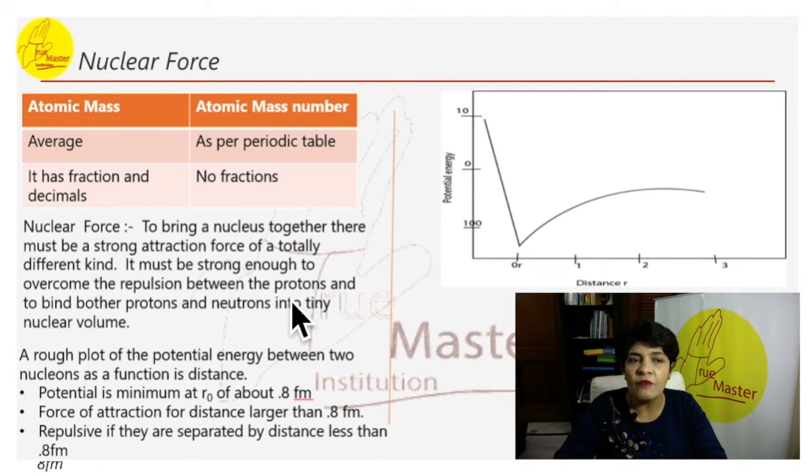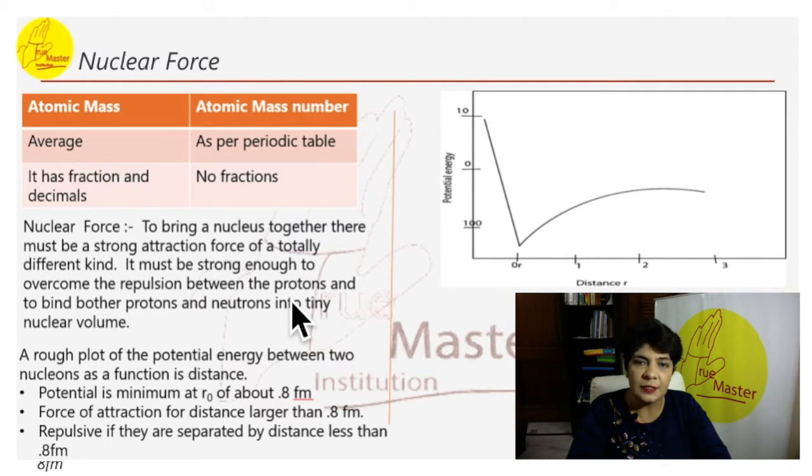The properties of nuclear force: it is the strongest interaction. Unlike gravitational force and electrostatic force, nuclear force is a very short range force. It cannot act over large distances.